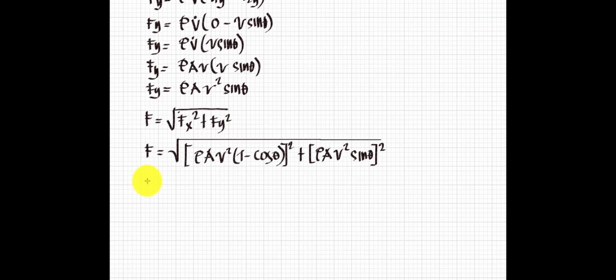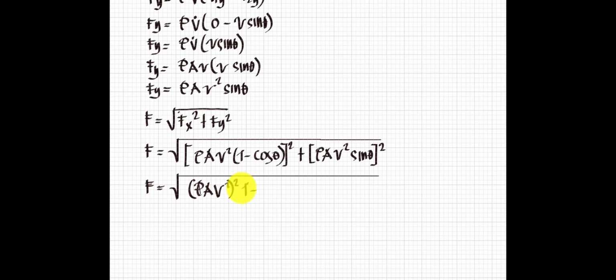So we can rewrite our equation. We have your density, area, velocity squared, so I'm gonna raise to square this one.